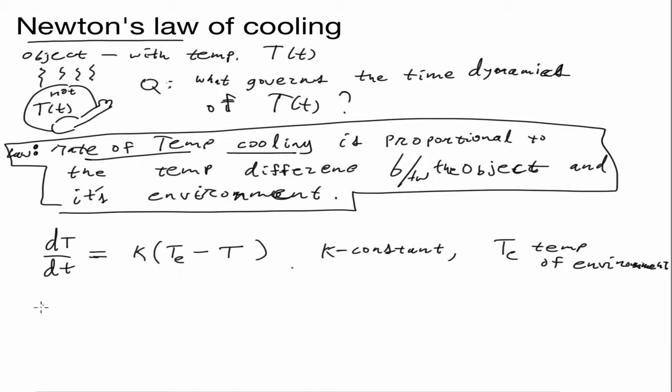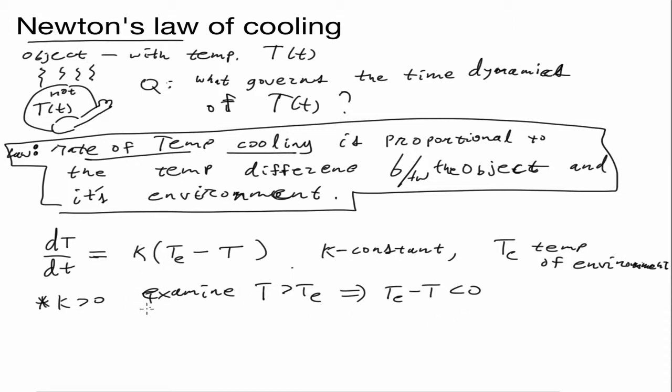Okay, so a few caveats here. We need K to be a positive number. Okay, that's one of our caveats. And what we see here is that if, for instance, we examine T being bigger than TE, that means that TE minus T is negative, right?